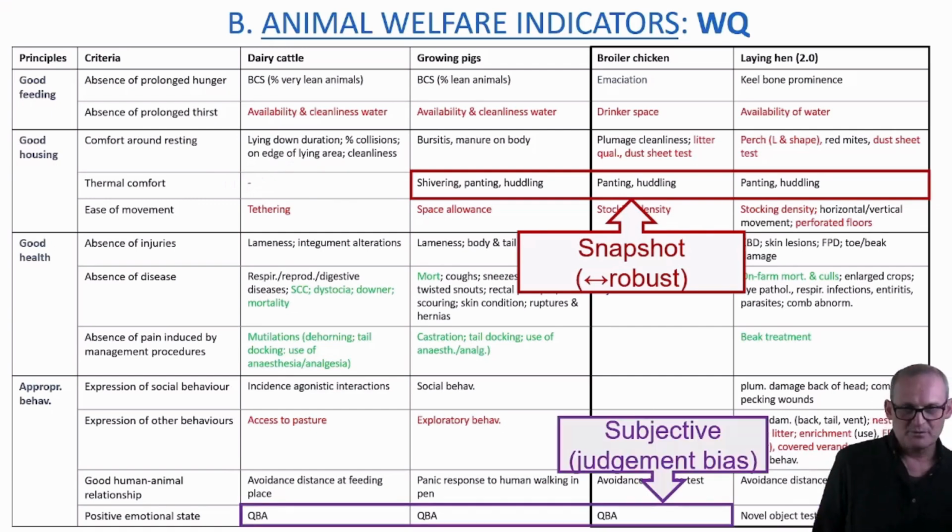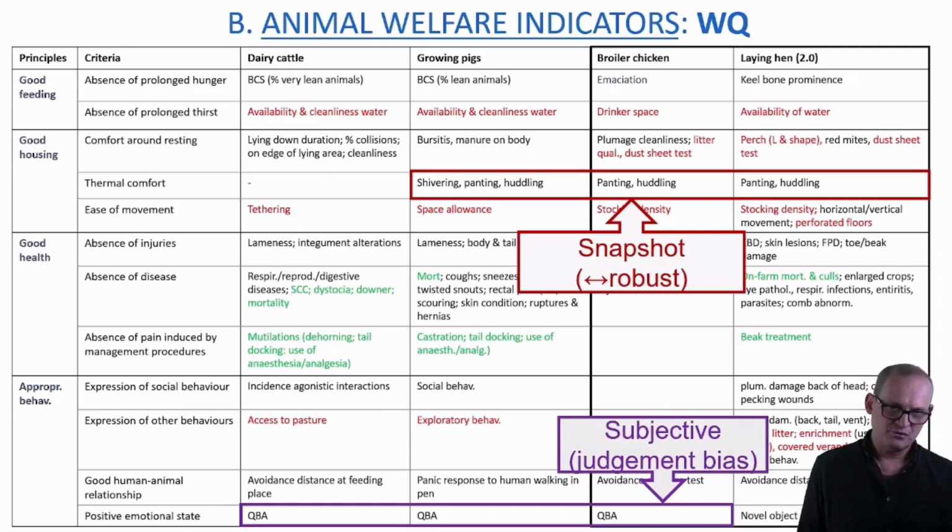And a second problem I referred to in the previous slide is with the QBA, the qualitative behavior assessment, being very subjective. And being subjective opens the potential for a judgment bias, for the observer having their own expectations influencing their scoring.